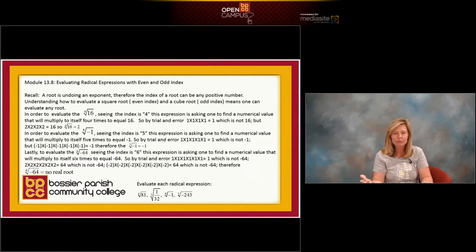That doesn't work. So let's try 2. 2 times 2 is 4. 4 times 2 is 8. 8 times 2 is 16. 16 times 2 is 32. 32 times 2 is 64.